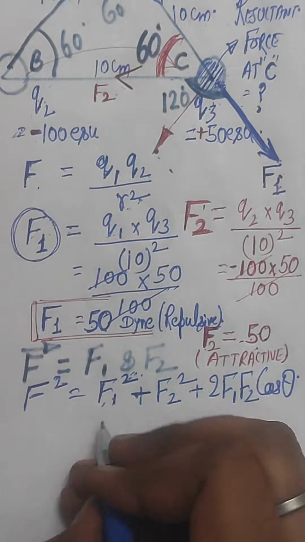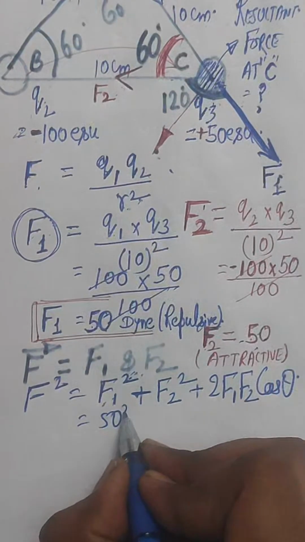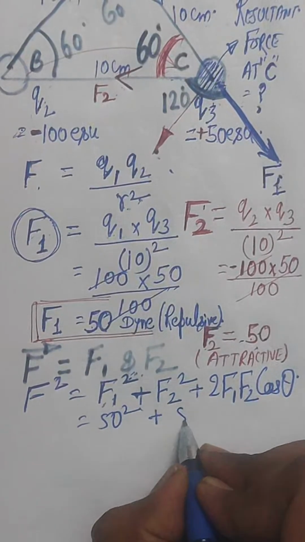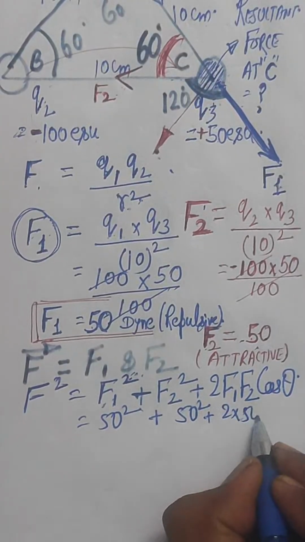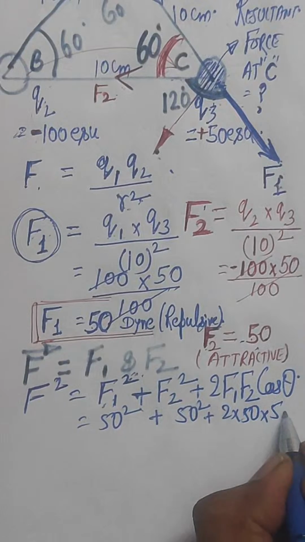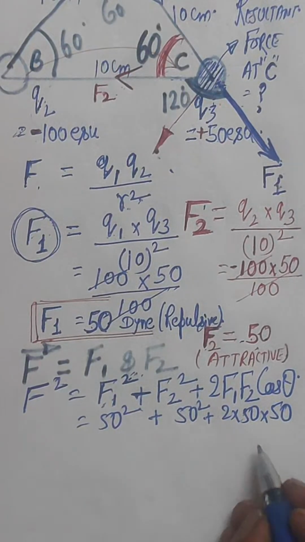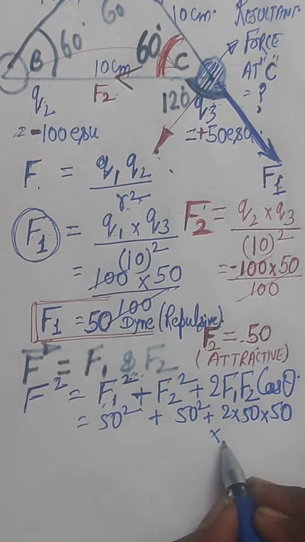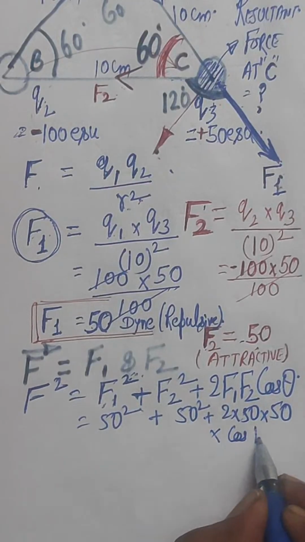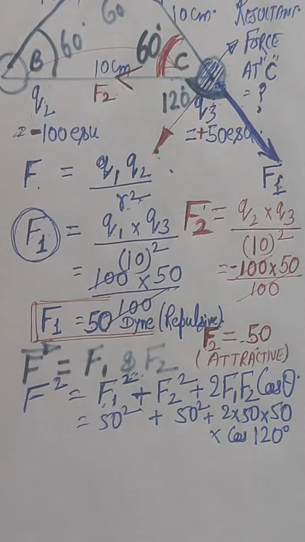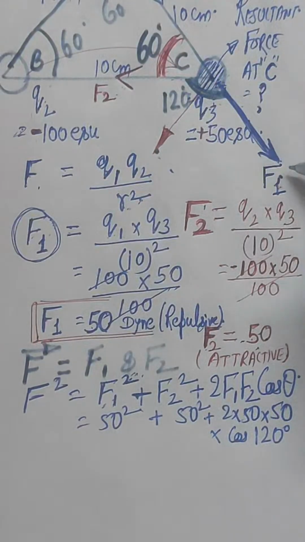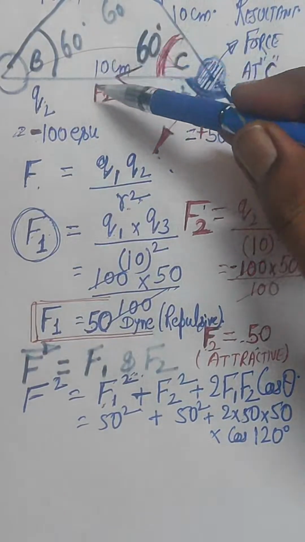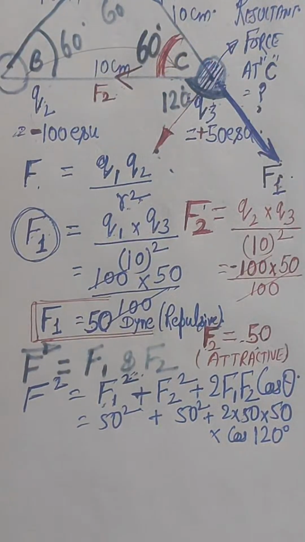But F square will be 50 square, and F2 will also be 50 square, plus 2 into 50, that is the value of F1, into 50, that is the value of F2, into cos theta, and cos theta is nothing but cos 120 degree, this 120 degree acting between F1 and F2, right?